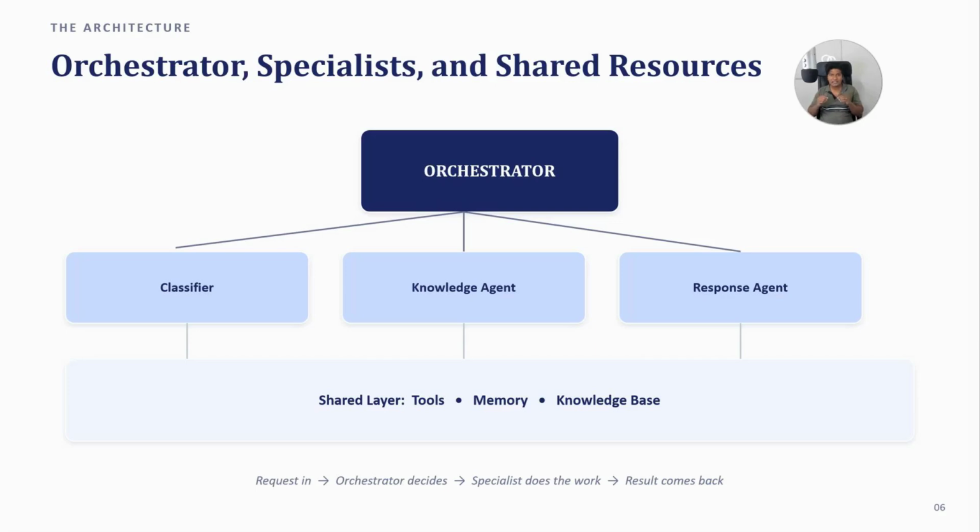They are focused agents that each do one job well. There is usually a shared layer too. This includes tools, memory, and a knowledge base. All agents can access this shared layer when they need to. So the flow is simple. Request comes in. Orchestrator decides who handles it. The specialist agent does the work. And the results come back to the user.